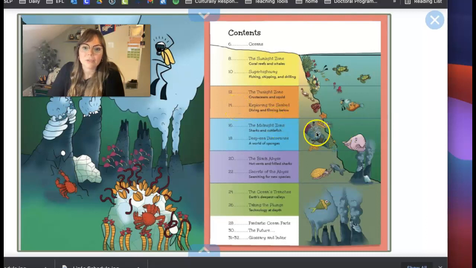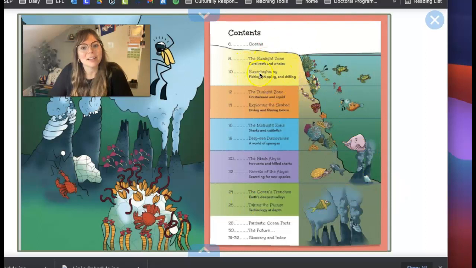The midnight zone, a little bit further down, from pages 16 through 18. And at the bottom of the ocean, the black abyss, from pages 20 through 22. And way deep, deep down in the ocean's trenches, on pages 24 through 26.